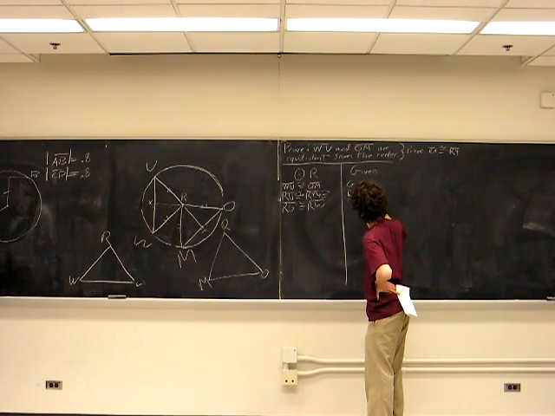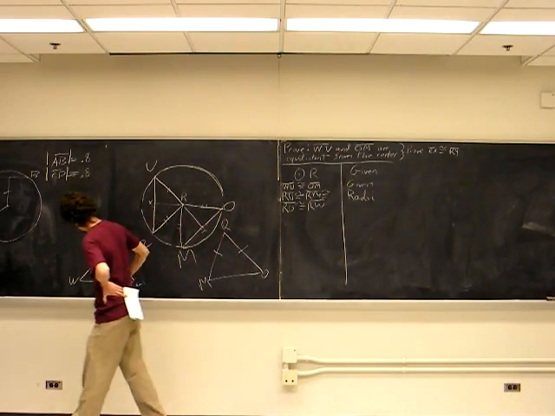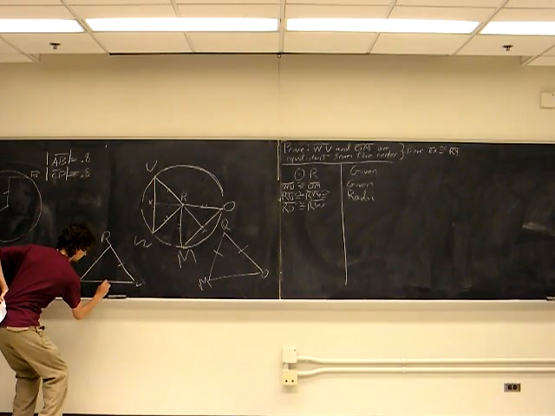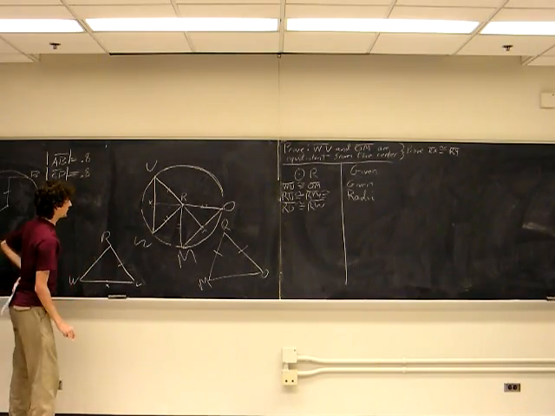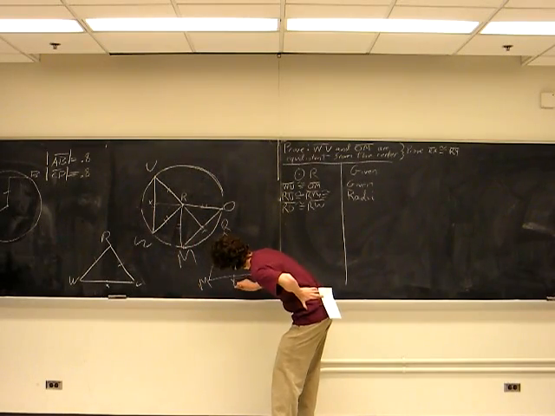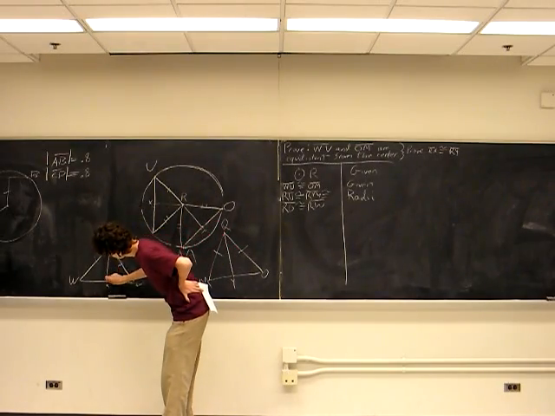They're all radii of the circle. Let's not forget what we're looking for. We're looking for X and Y. We're looking to make sure that this line is congruent to this line.